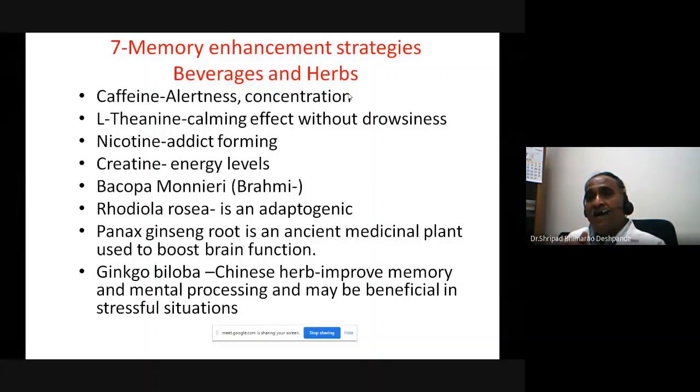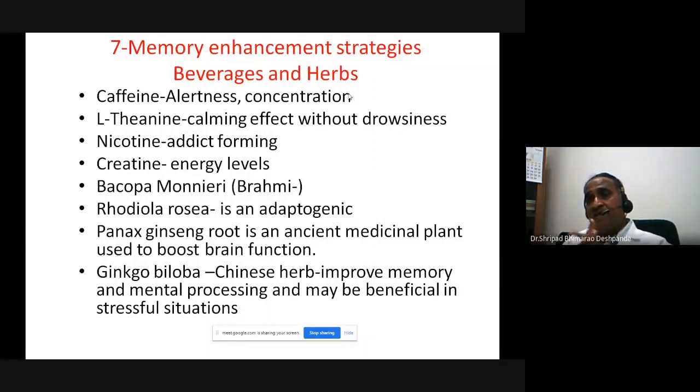Then we have Rhodiola rosea, that is another Ayurvedic preparation. This is adaptogenic. Adaptogenic means it diminishes the stress levels. By diminishing the stress level, your learning is enhanced. Then we have ginseng.